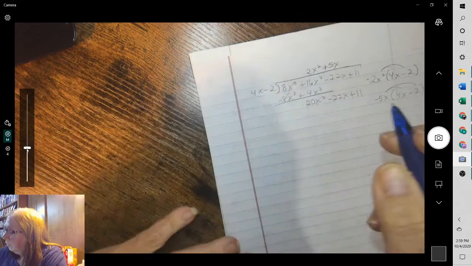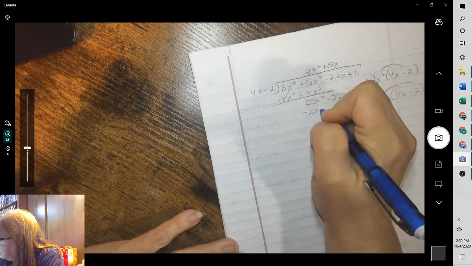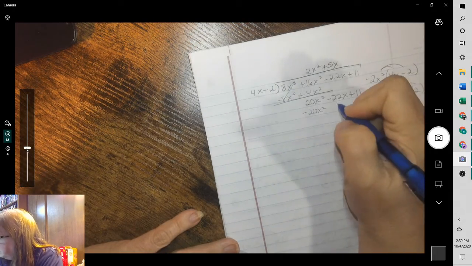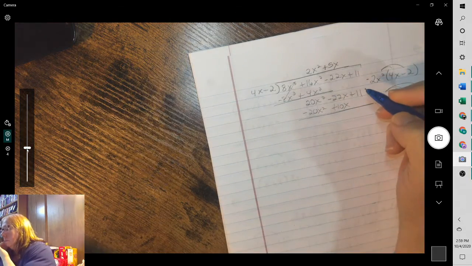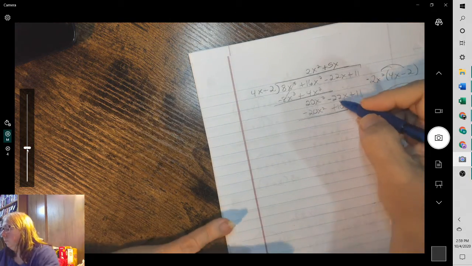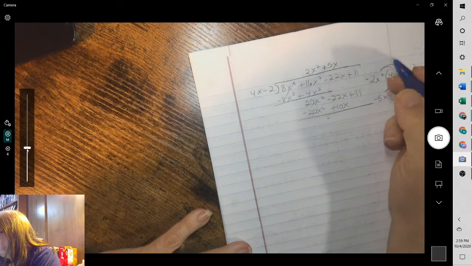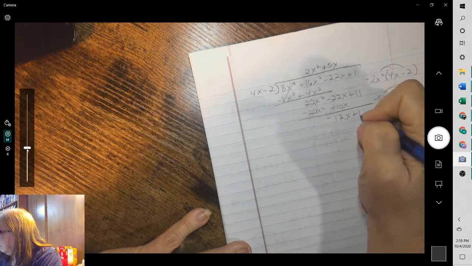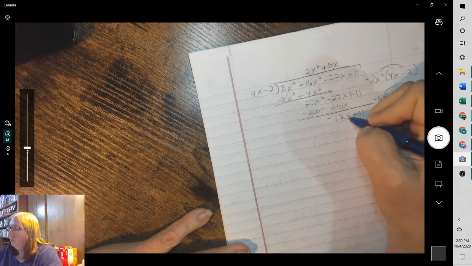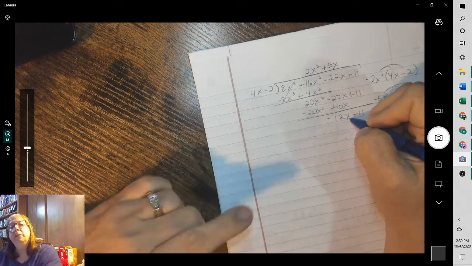Distribute. Negative 20x squared plus 10x. These cancel. Here I get a negative 12x plus 11. So I can still go again because this is x and this is x.